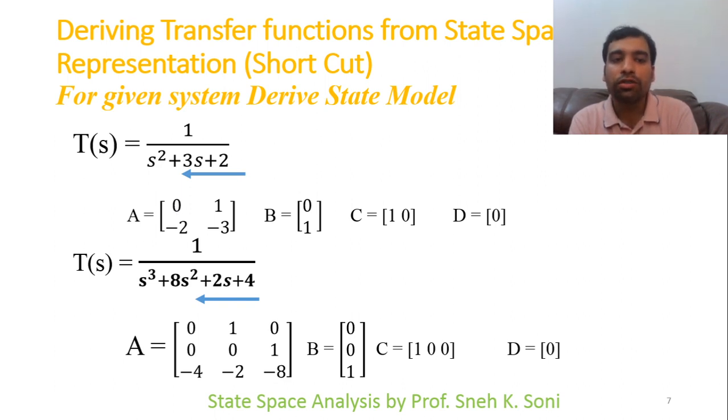But if you have 3 cross 3, then the explanation is given in the second example, so I'll explain that part. For example, in this second problem, I have s cube, meaning it is a 3 cross 3 matrix. So again, I'm doing the same thing: I'm writing the coefficients with the opposite sign in the last row. Here the coefficients are 4, 2 and 8, so I write minus 4, minus 2 and minus 8 in the last row.